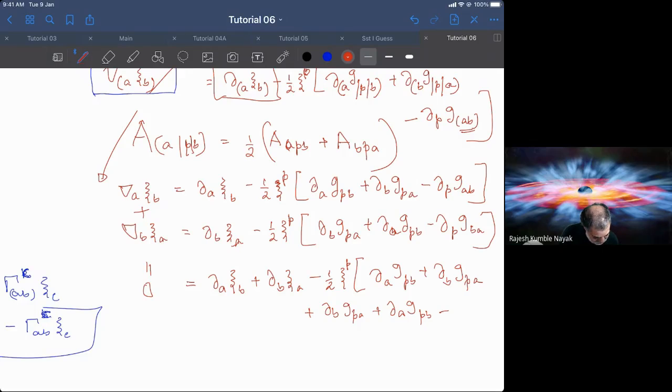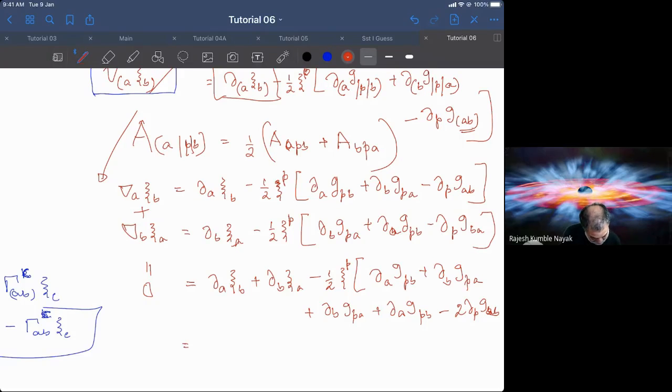I could simply add them up, and then I would get 2. Or if you want, I don't have space here, so I simply write this as G_AB. So you see that all other terms are symmetric here. It is all essentially symmetrizing between the two indices, so that would simply add up.